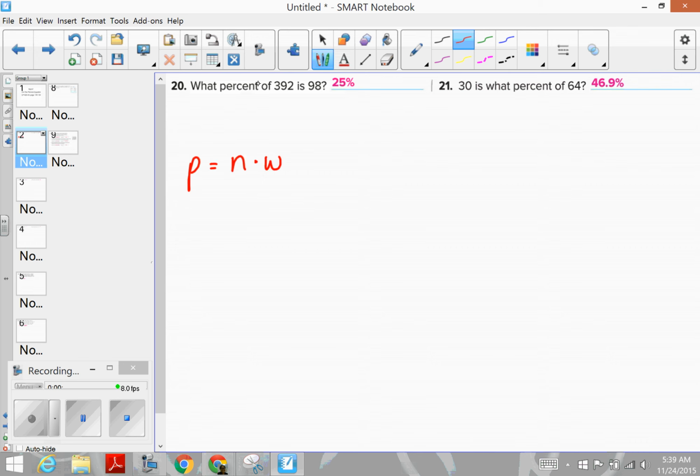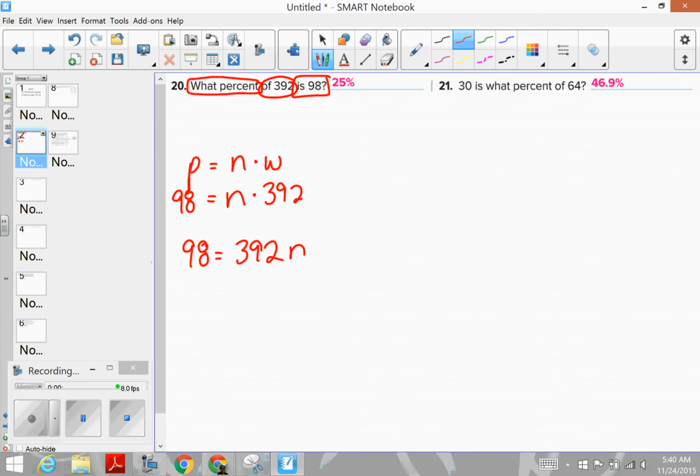So we're going to say what percent, we don't know that yet, so that stays our N, of 392 is 98, and that equals 98. So you can rewrite this as 98 equals 392 times n.